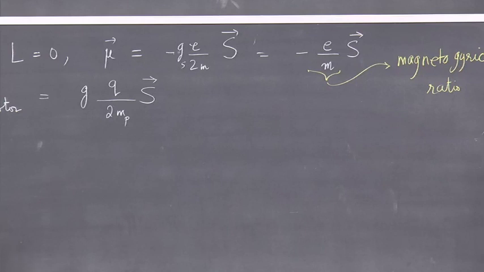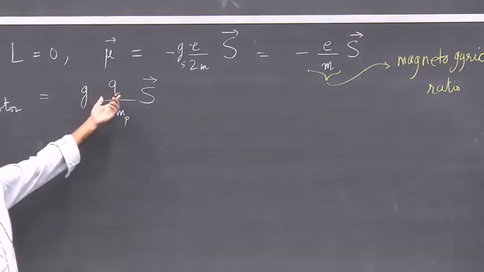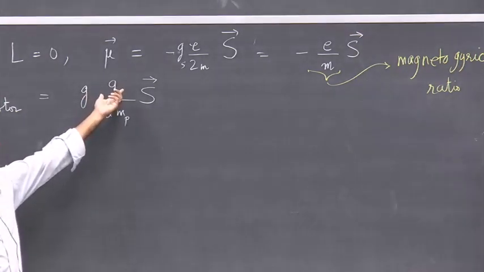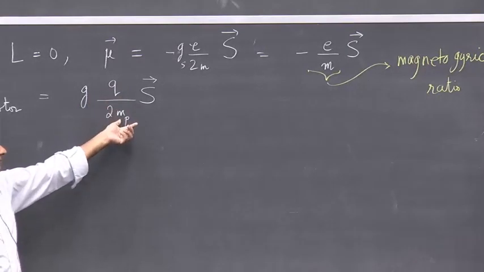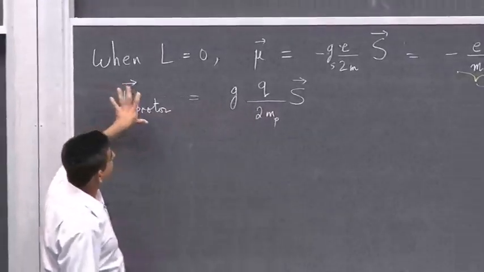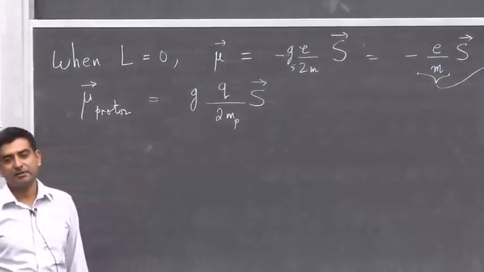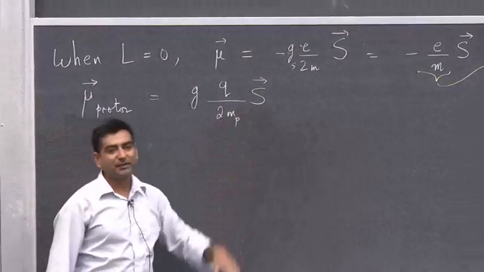Likewise for neutrons. Neutrons also have spin. You just plug in the value of the charge of a proton, and replace the mass with the mass of the neutron. So these magnetic moments are experimentally determinable, and these actually determine what the spins are.